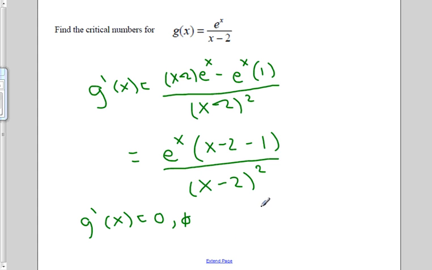Well, that's going to happen when x equals 3, because that'll make the numerator 0, which makes my derivative 0, or it will happen at 2, because that'll make my denominator 0, which will make my derivative undefined. So these are the two critical numbers for my function. Notice that there's this e to the x. Well, e to the x can never be 0, so it's essentially ignored.